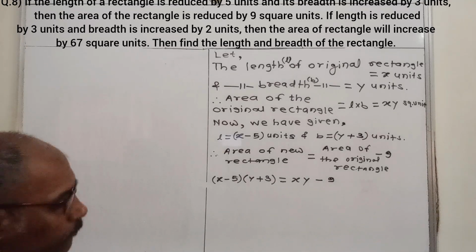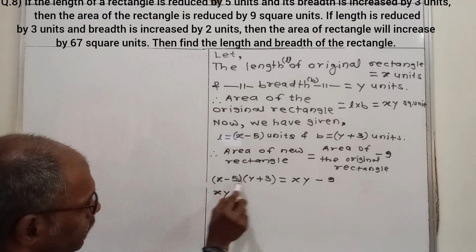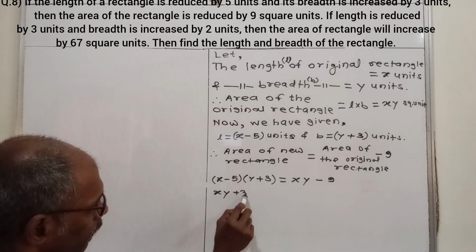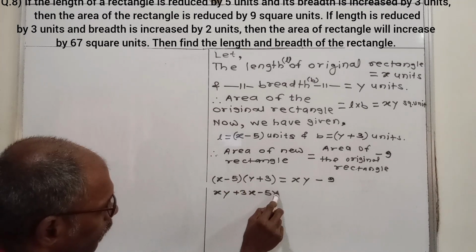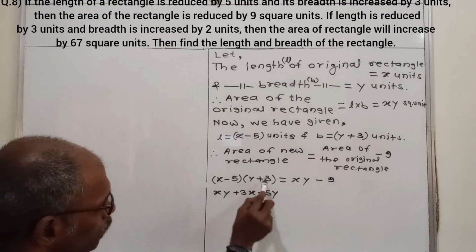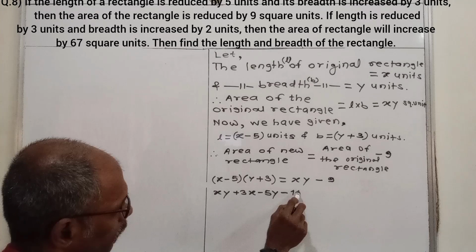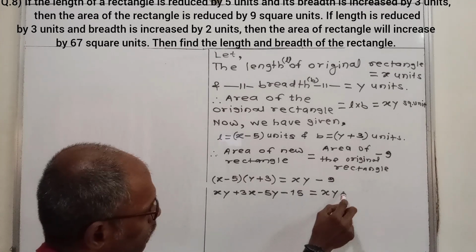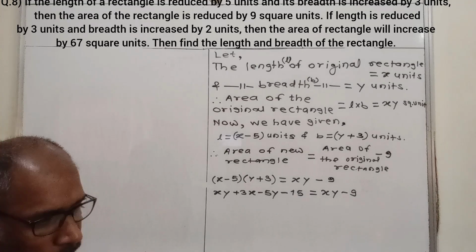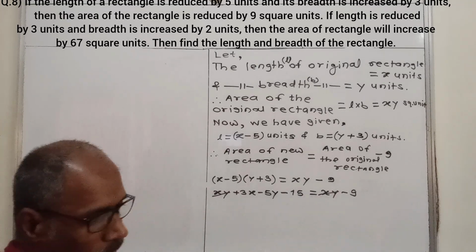Did you get it? x into y, xy, x into 3, 3x, minus 5 into y, minus 5y, minus into plus, minus 5 into 3, 15, is equal to xy minus 9. Then xy cancelled.